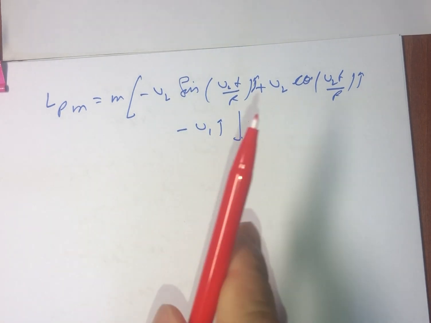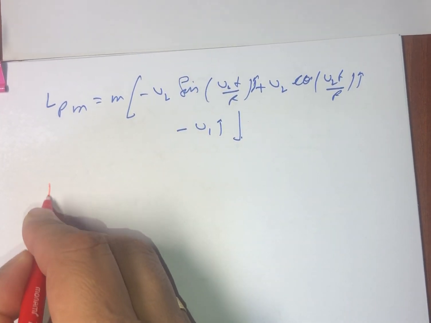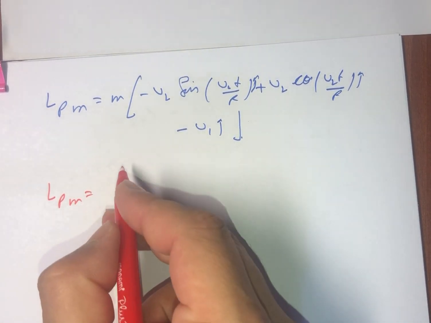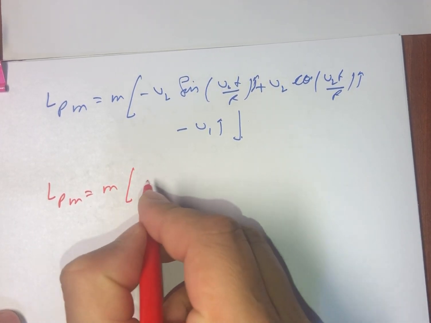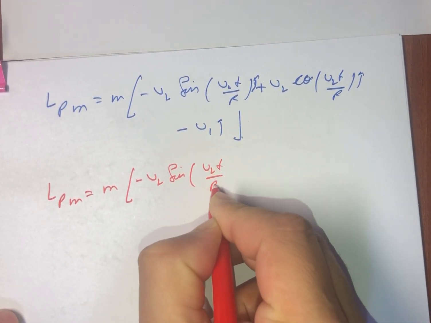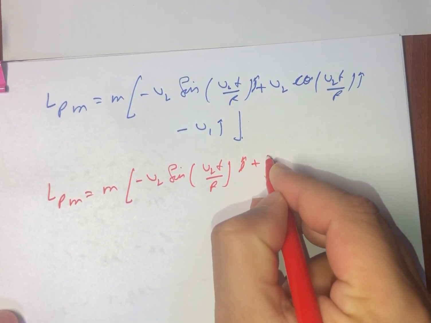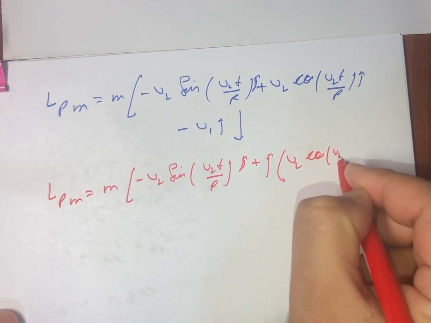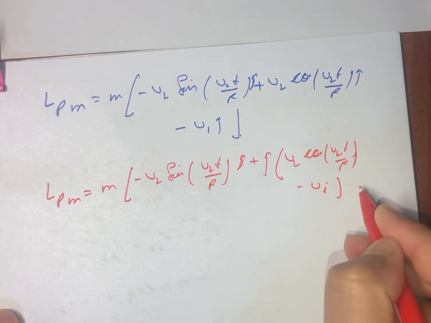Now we just rearrange the equation by combining the unit vectors. We can say that our linear momentum of particle with respect to man will be given as m times, bracket, minus v2 sine of v2t upon r i unit vector, and here the j unit vector is common, so we get v2 cos of v2t upon r minus v1, bracket closes.